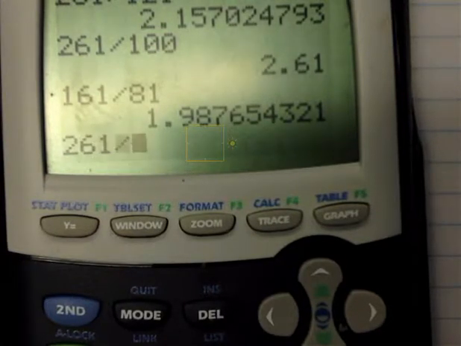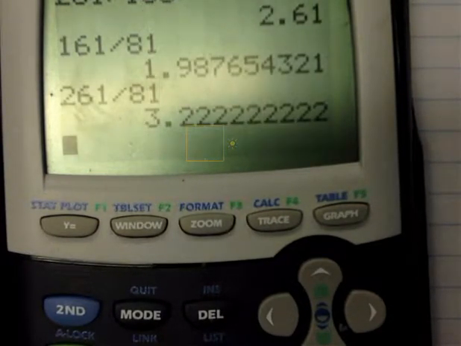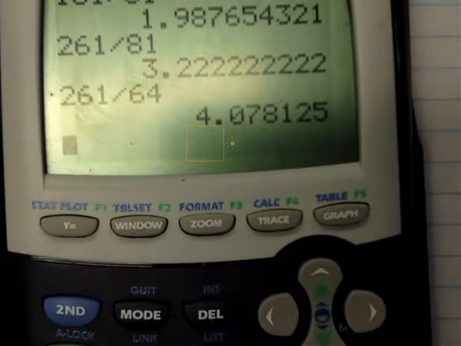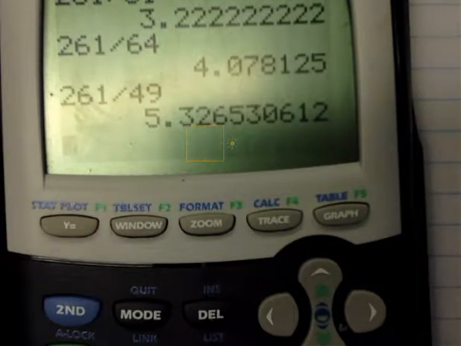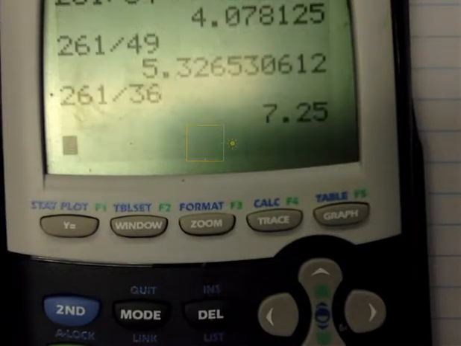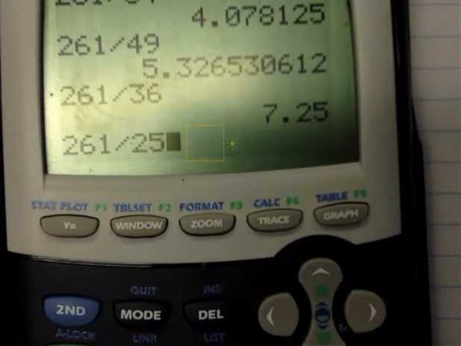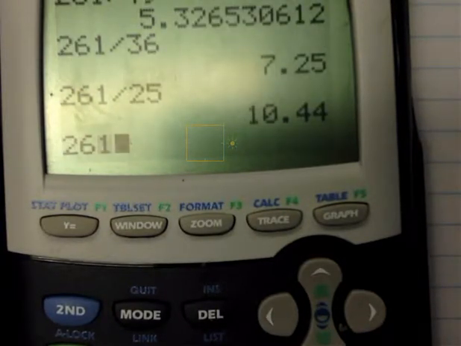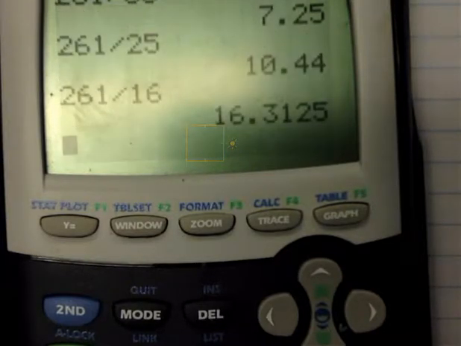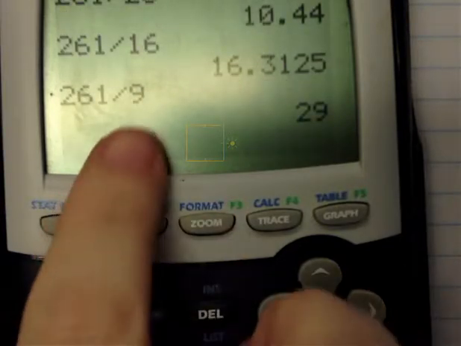Sorry, 261 divided by 9 squared. 261 divided by 8 squared. 261 divided by 7 squared. 261 divided by 6 squared. 261 divided by 5 squared. 261 divided by 4 squared. 261 divided by 3 squared. So 3 squared does work.